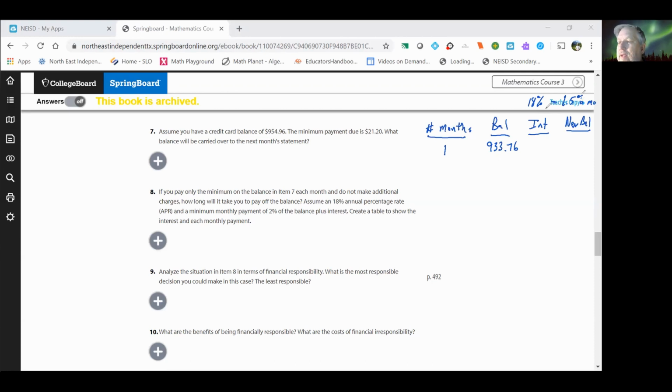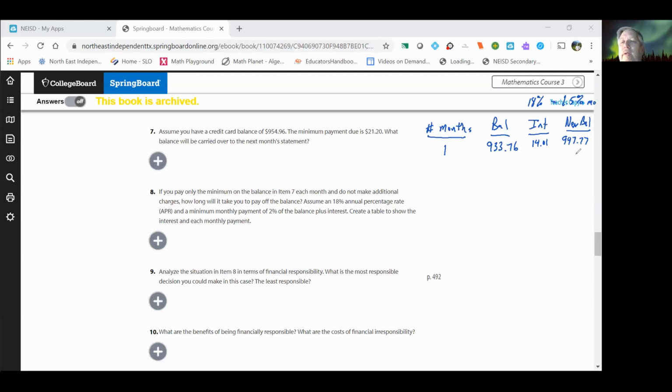We're going to multiply that times the interest rate, 0.015, and we're going to get $14.01. 14.01 is going to be the interest, and then the new balance is going to be 933.76 plus 14.01, and it's going to be 947.77.